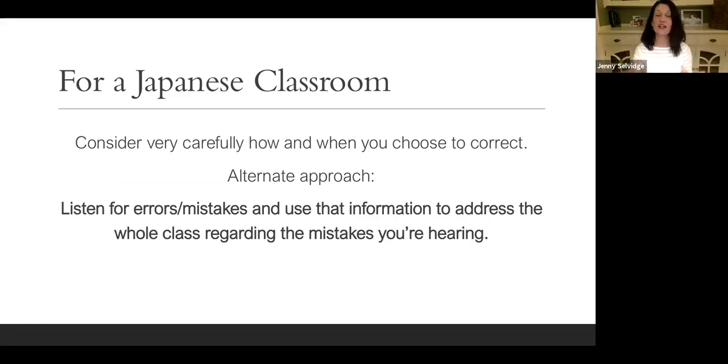And then you could address the whole class and tell them what you were hearing. So if you really think that subtle correction is still too much for your students because they're so nervous to speak, then maybe just speak to the whole group and don't single anyone out. So it's up to you what you think is most comfortable for you and your students and what will help to encourage them and not discourage them.